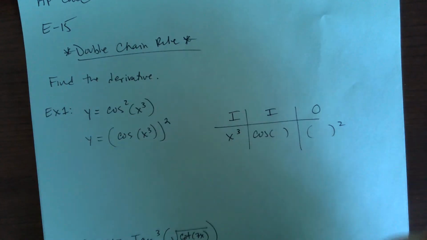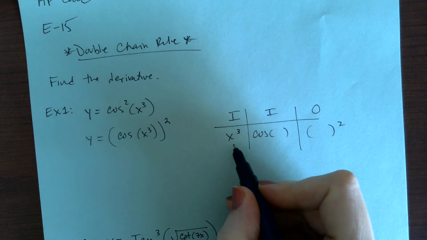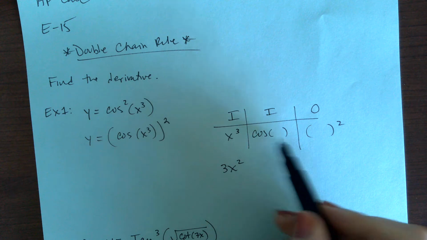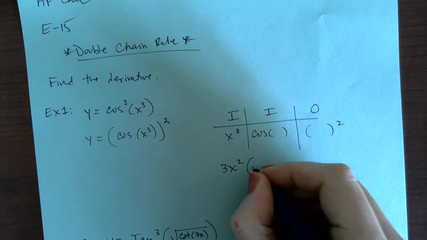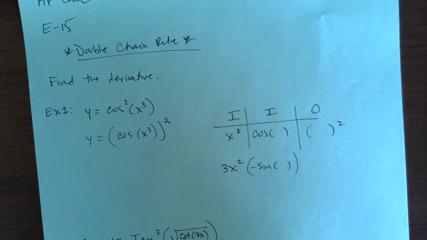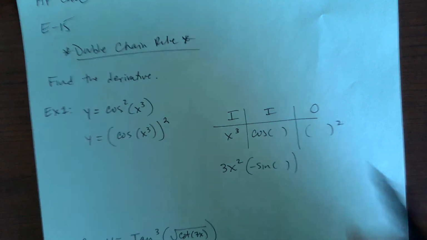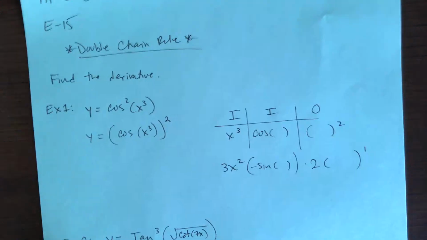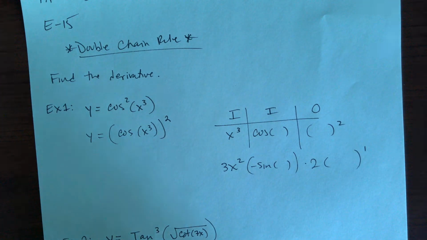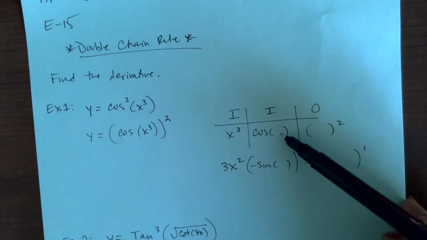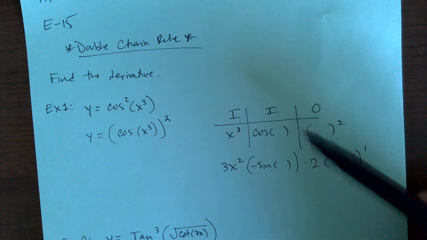So you take the derivative of each of them. What's the derivative of x cubed? 3x squared. What's the derivative of cosine of blank? It's negative sine of blank. What is the derivative of blank squared? 2 blank to the first. And then what goes back inside of these things is what used to be inside of the original parentheses.